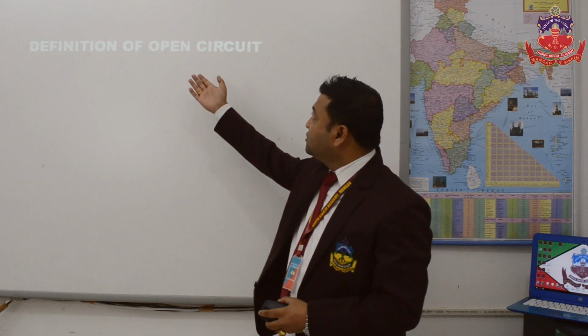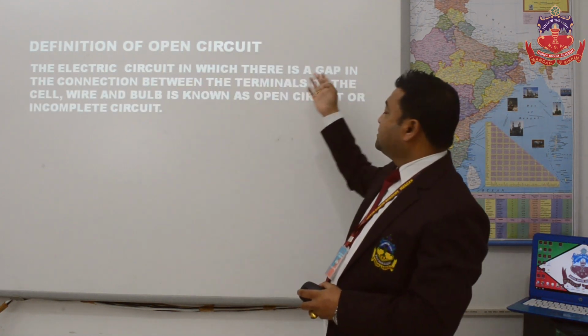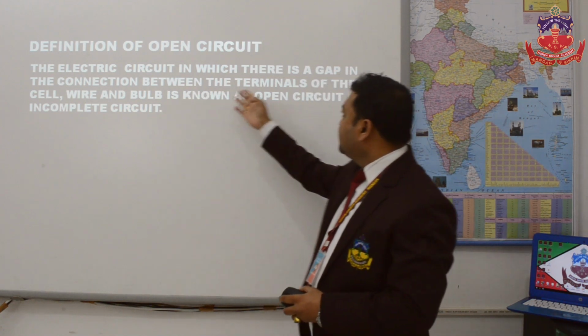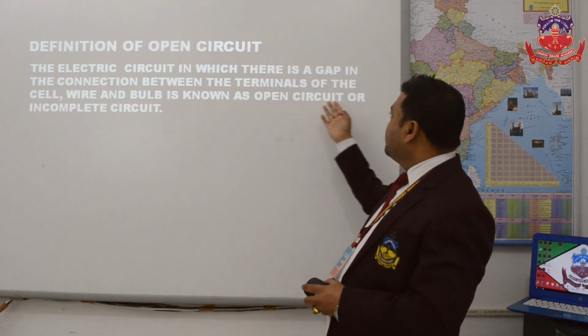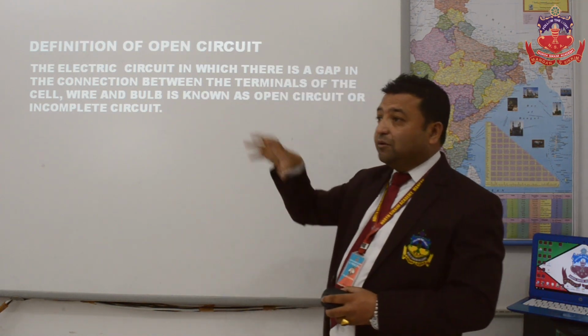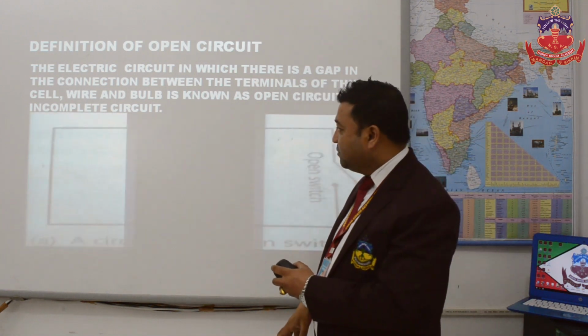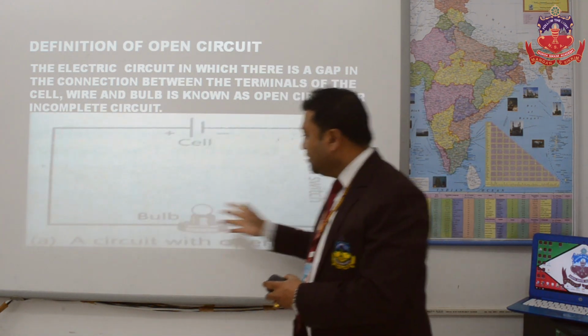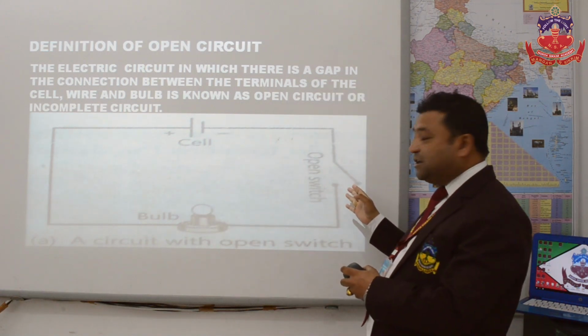Now the definition of open circuit. The electric circuit in which there is a gap in the connection between the terminals of the cell, wire and bulb is known as an open circuit or incomplete circuit. Now what is the difference between open and closed? I'll show you in the picture here. See, the figures are the same. You can see the cell, the bulb, and the switch also.